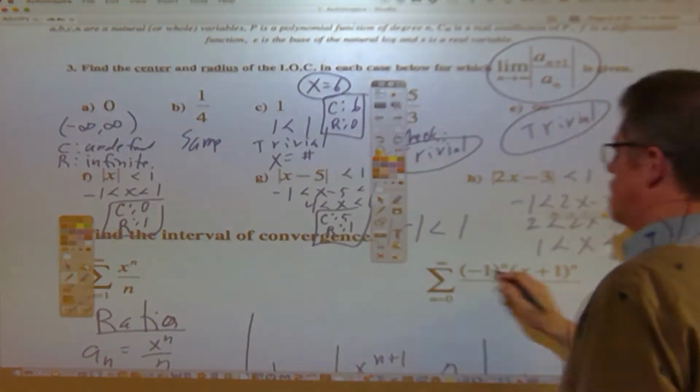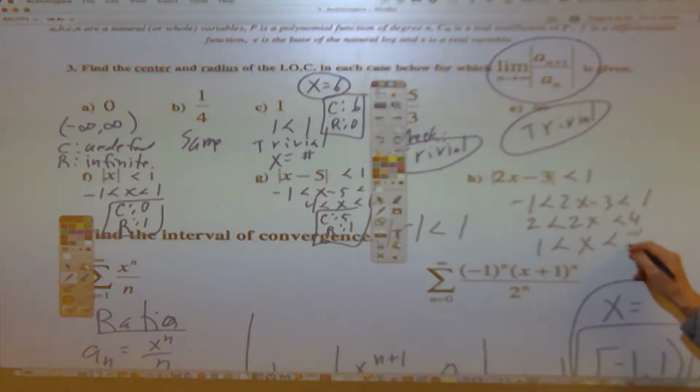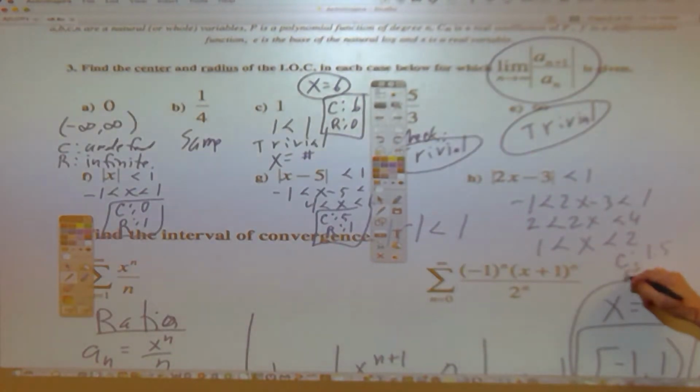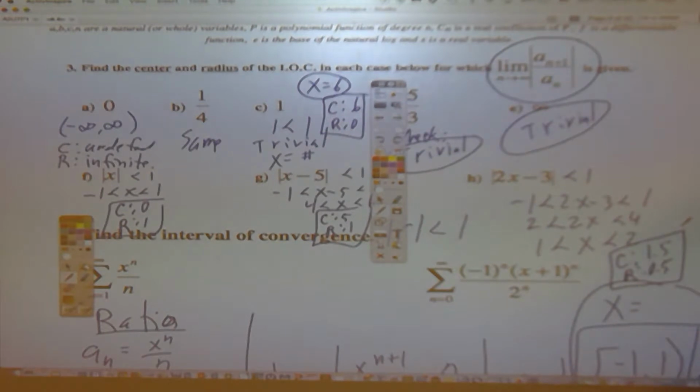Okay, so let's see how you're doing here. I'm coming up with a center at 1.5 with a radius of 0.5. Any questions on letter H?